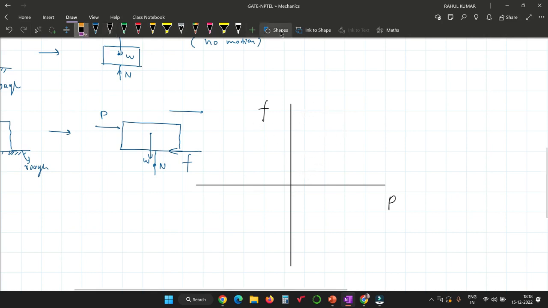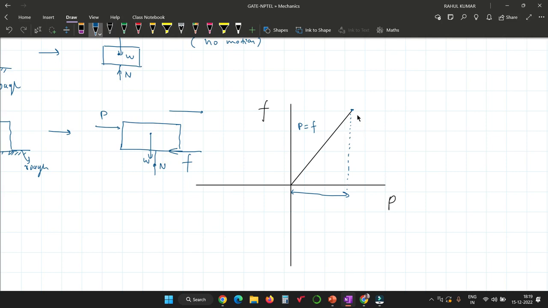In this region, every time you apply P, it will be balanced by F, which means in this region P is exactly equal to F. But after this point, the capacity of the roughness will be finished, and the external force will overcome F. The surface cannot exert a force exactly equal to P. Then what will happen? The block starts to move.